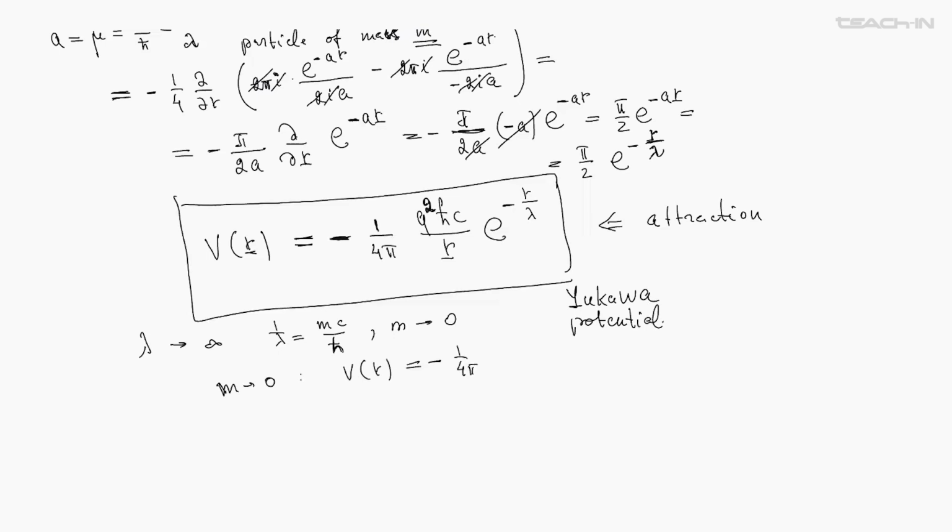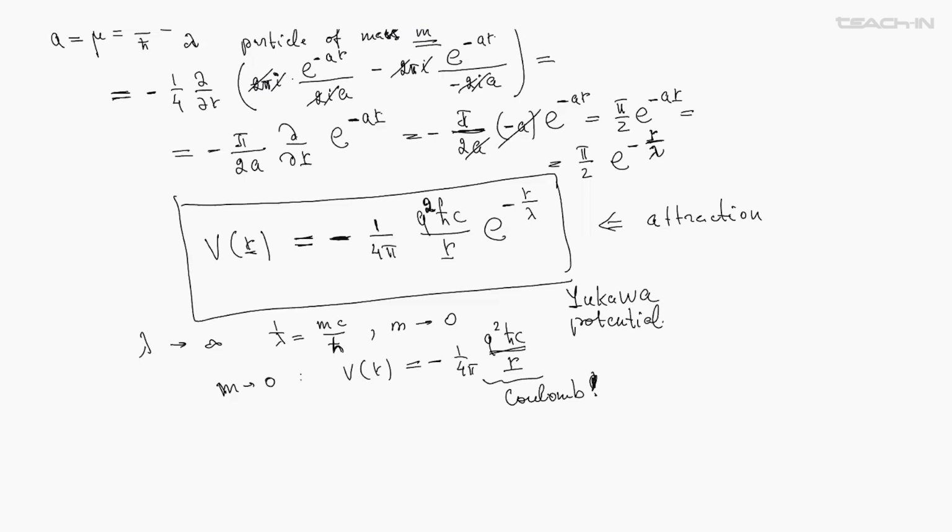So this is the Coulomb potential. And so in a way, when you have non-trivial mass, the Coulomb potential gets screened and becomes short range because of the presence of this exponential.